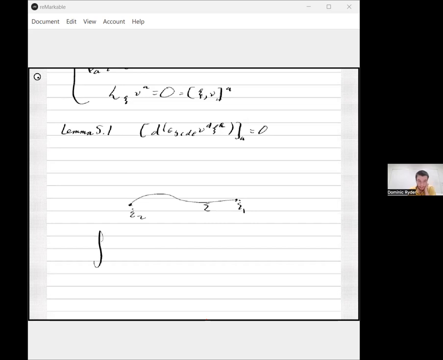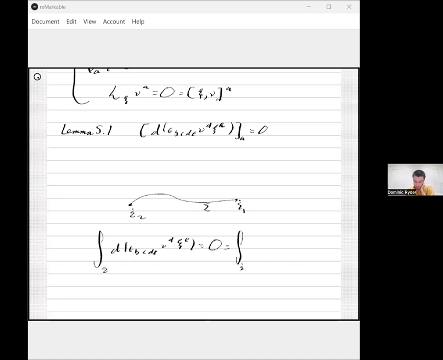Then obviously, by Stokes theorem, V d xi e is equal to 0 by our lemma.